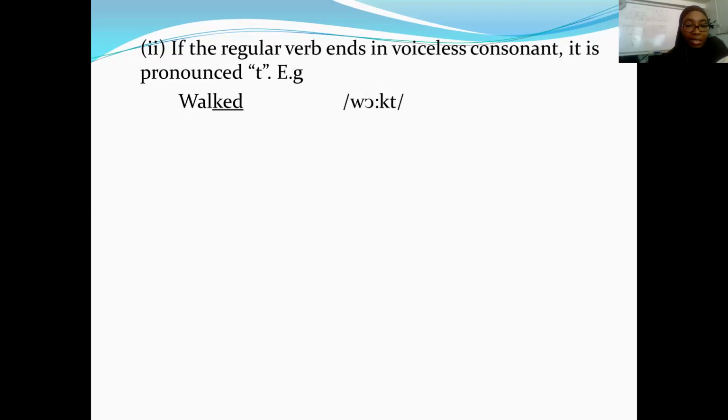I'll remind you again that in the English language, the consonant sounds are divided into two. You have the voiced and the voiceless. The voiced sounds are the ones produced without any obstruction in the oral cavity, while the voiceless sounds are produced with obstruction.